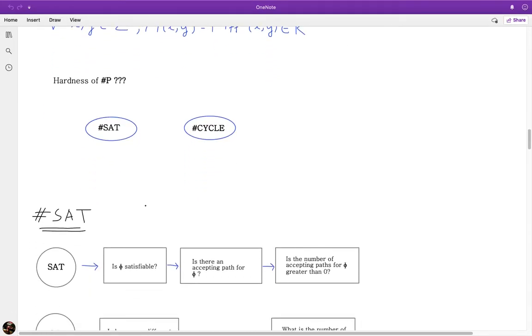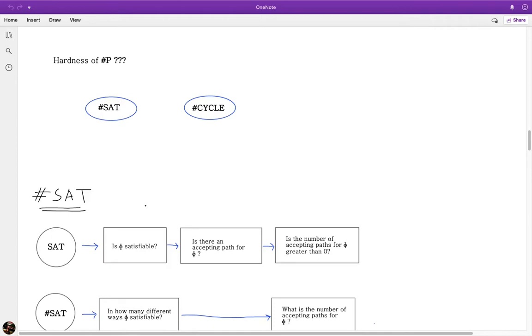Now, as we have defined #P, let us move on to how we characterize the complexity of the problems in #P, and how we relate it to the complexity classes that we already know. To do that, we need to look into two problems which will help us.